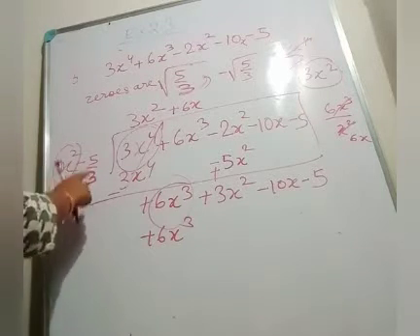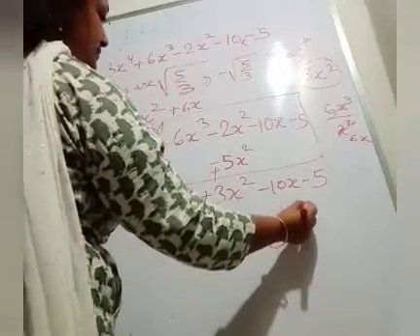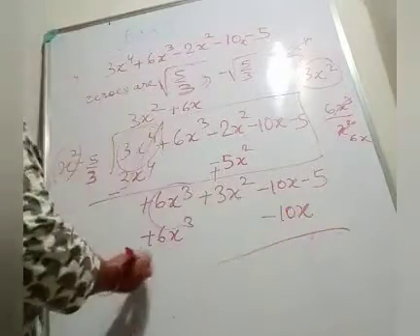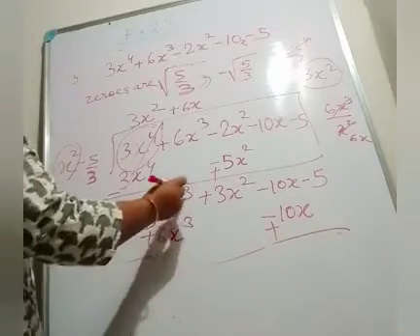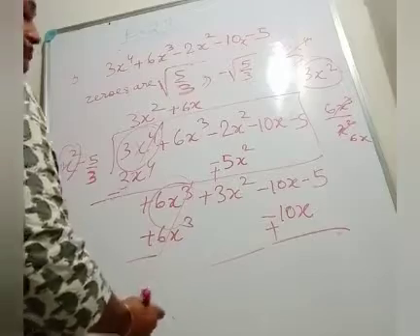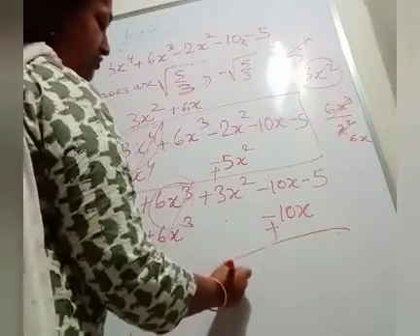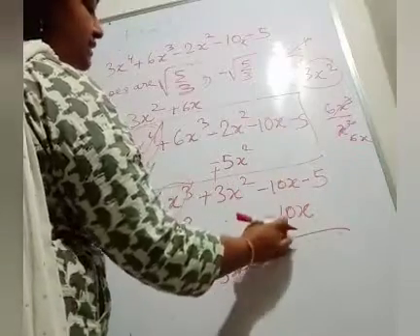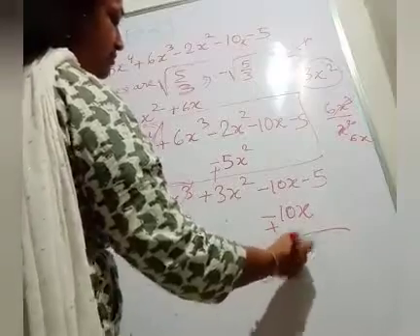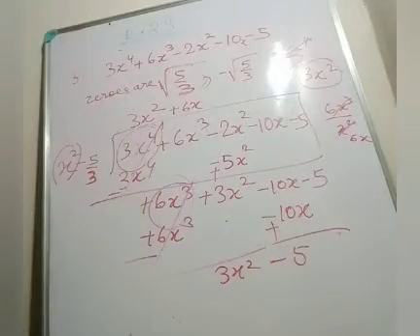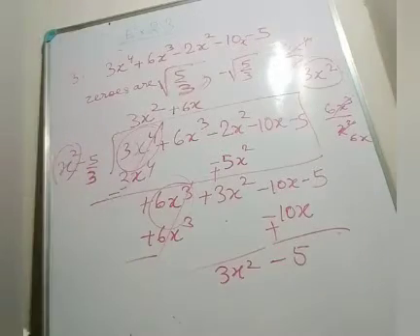Now minus 5 by 3 into 6x is minus 10x. Now subtracting by changing their sign, 6x cube minus 6x cube is equal to 0. There is no term under the 3x square, so write 3x square as it is. Minus 10x plus 10x is equal to 0. Write minus 5 as it is. So you get 3x square minus 5 as the new remainder.